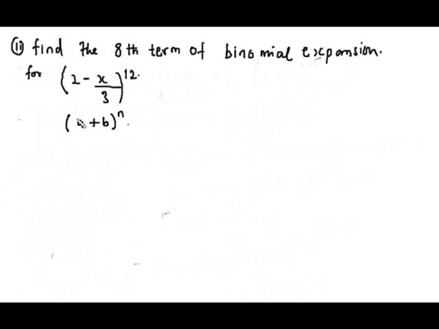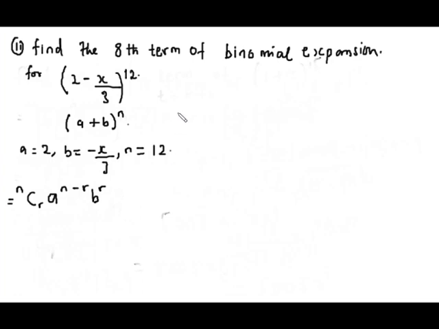This means that our value of a is equal to 2, our value of b is equal to minus x over 3, and our value of n is equal to 12. But remember, the formula we're using is n combination r, a to the power of n minus r, b to the power of r, so we don't know our value of r.